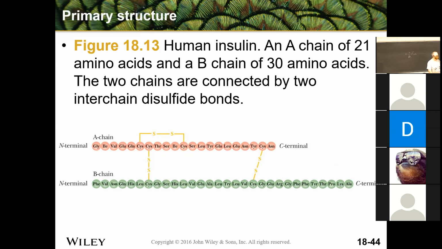Okay, here's human insulin. There are two chains, one consisting of 21 amino acids, another consisting of 30 amino acids. These are connected. We have some connections with disulfide bonds, and we have another disulfide bond here.